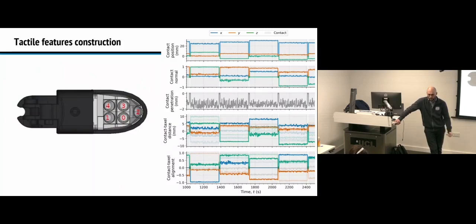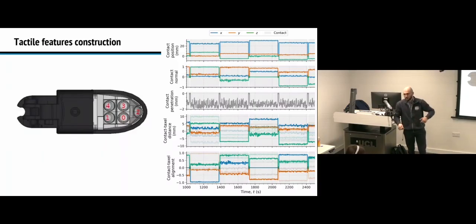Another thing is that we are assuming one contact point. So if you touch the finger at two points, you will not get an accurate result. You can still apply it, but you have to work on it a bit more. You mentioned the use of different indenters. In the end, did you use only the sphere or different ones?